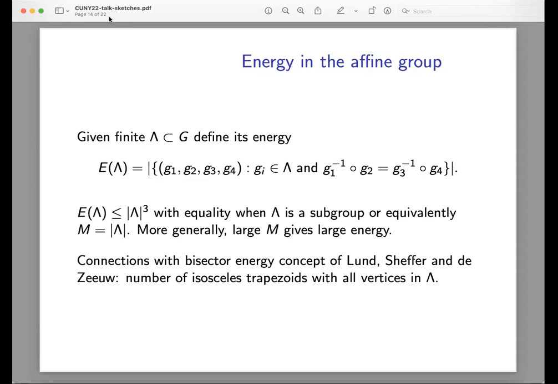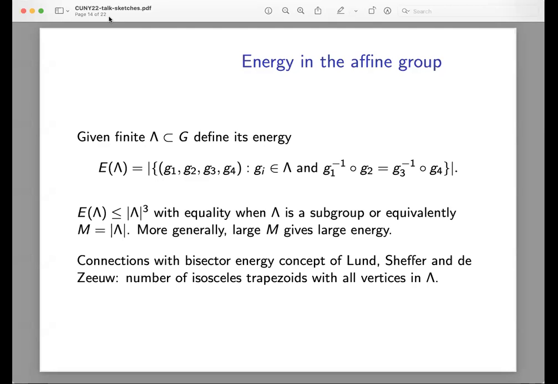The concept's been around for a long time; you're just looking at elements that have multiple representations. I think it was Tao and Vu who might have introduced the term energy, only because you see something quadratic, a square, but I don't know of any connection to anything physical. Yeah, I definitely agree. Like I said, I find it a bit confusing, but it's really widespread. It's impossible to change it now, I think.